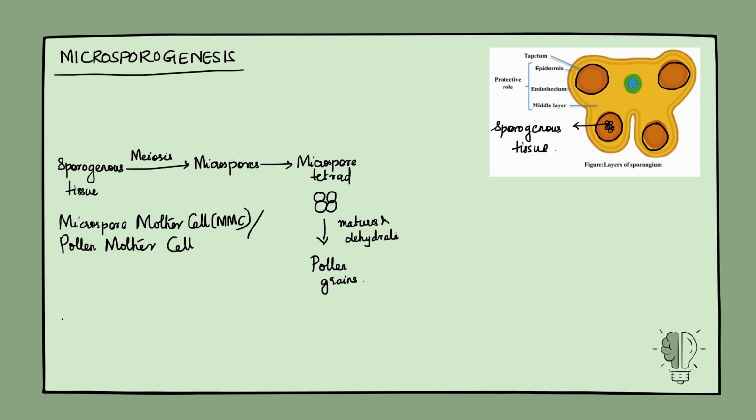So, the process of formation of pollen grains from the sporogenous tissue through meiotic division or meiosis is called microsporogenesis. Now, when the pollen grains are produced, these are released by the dehiscence of the anther, which means that the pollen grains fall off from the anther. So, this is the process of microsporogenesis.